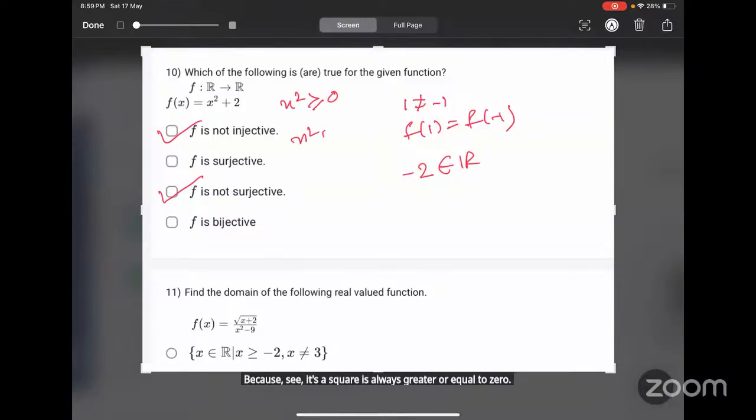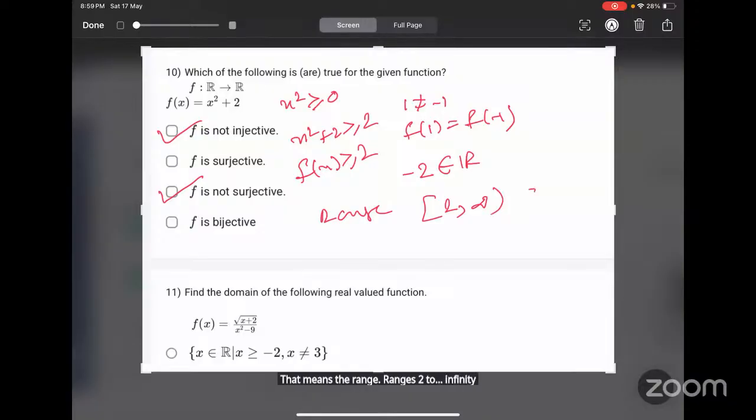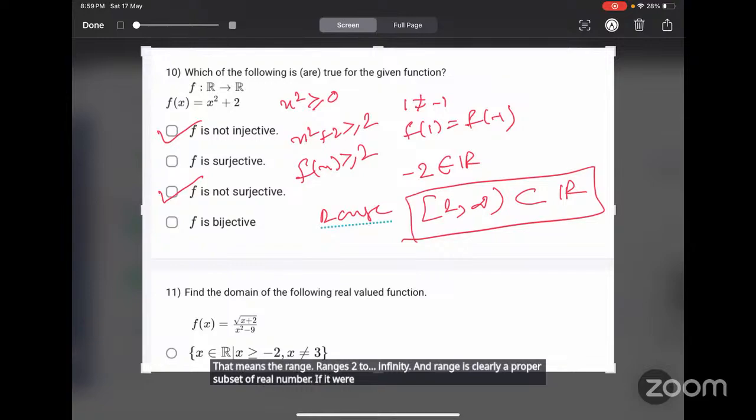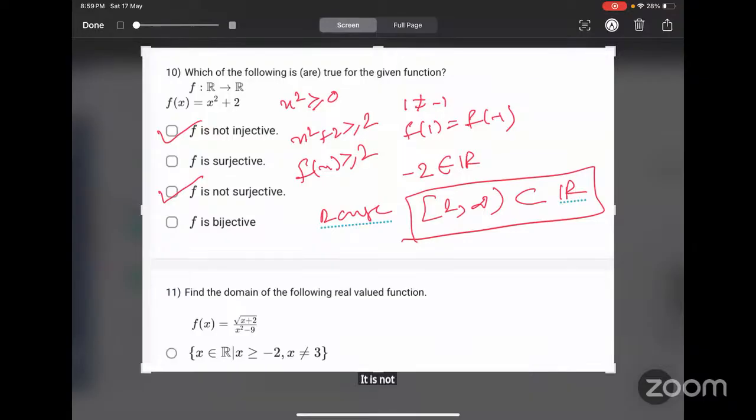So x square plus 2 will always be greater equals to 2. That means the range is 2 to infinity. And range is clearly a proper subset of real numbers. If it were onto, then range would be equal to the codomain, right? But this is not the case. That means it is neither injective nor surjective.